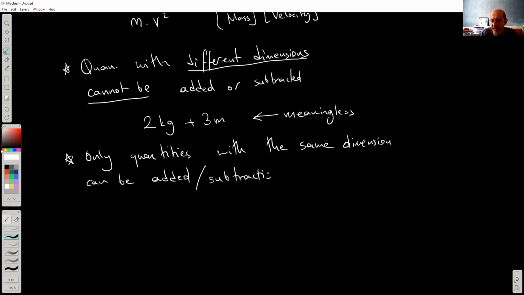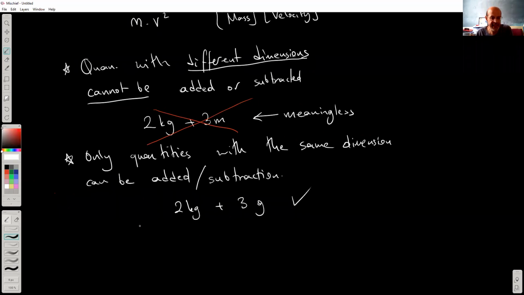Subtraction is essentially an addition. So 2 kilograms plus 3 grams, that's okay. That's meaningful. We can give a meaning to that, so that's perfect. So let me actually do this red color thing so that this is understood completely.